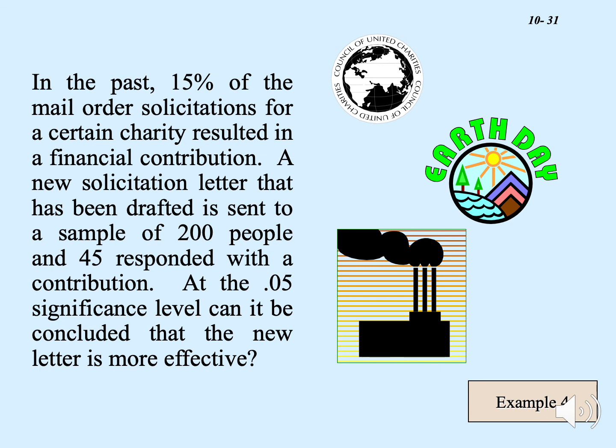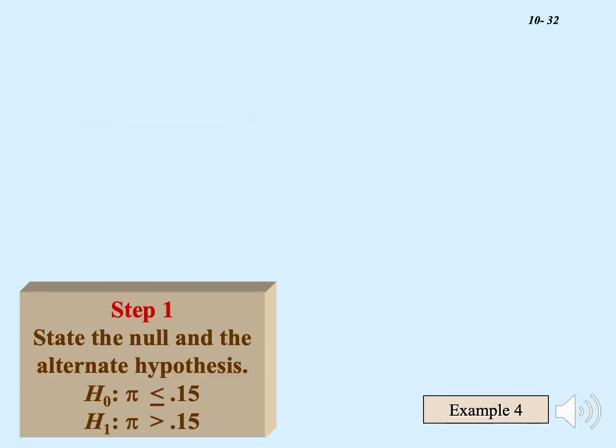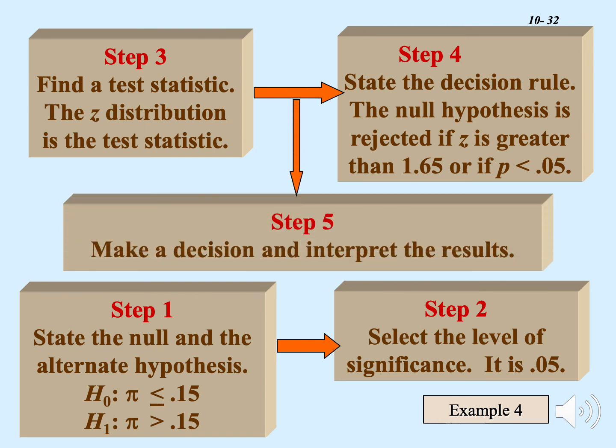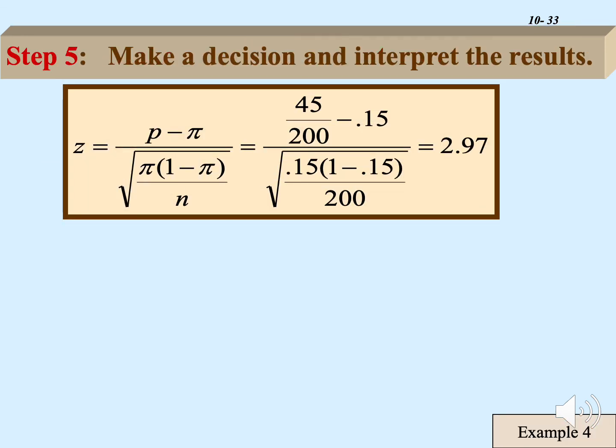Okay, so the same thing, test the hypothesis, follow the steps. And this is the one where you make a decision and interpret the results. So the formula is p minus pi over the square root of pi times 1 minus pi over n.